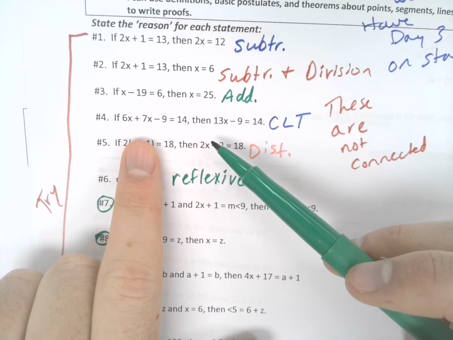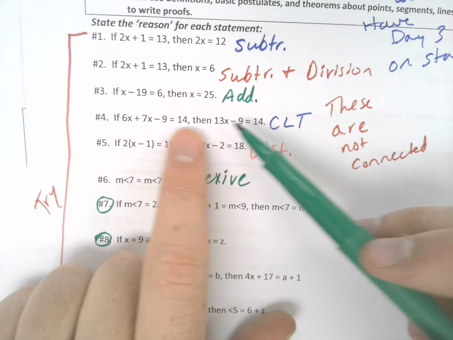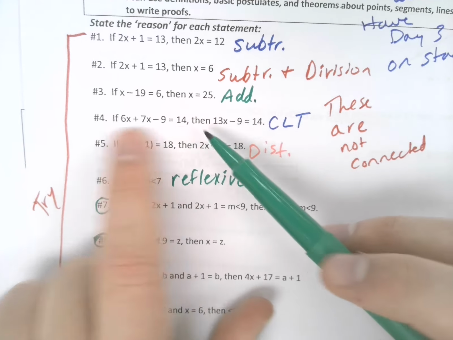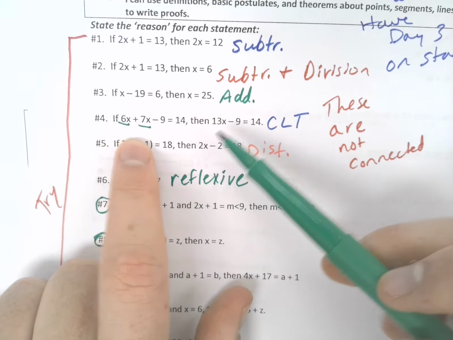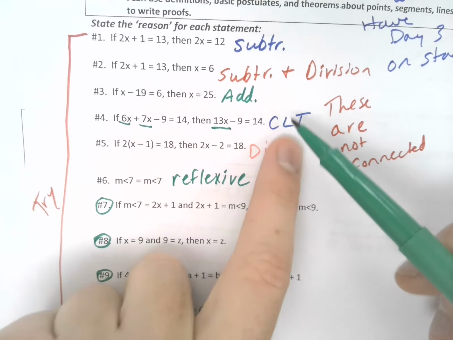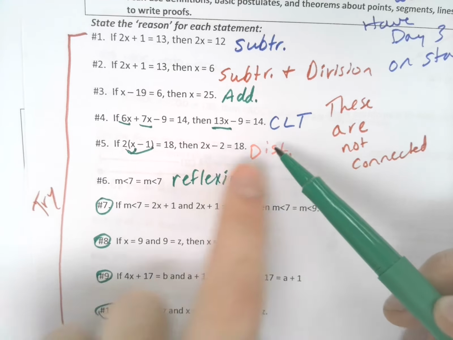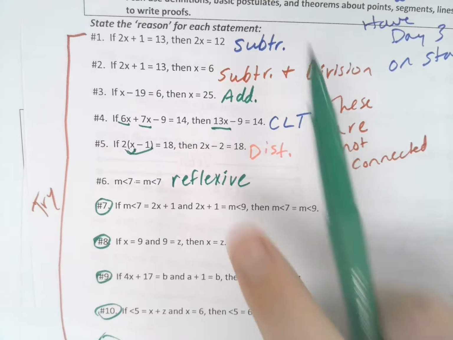Number 4, we combine like terms here in order to get 13x. That's CLT. Number 5, we straight up distributed. And number 6, we had an angle equals itself for reflexive.